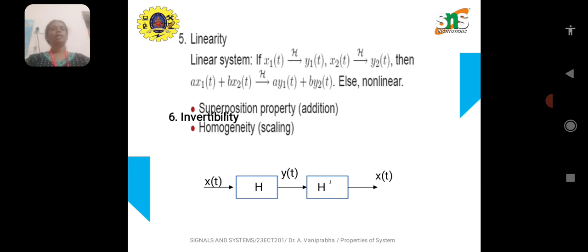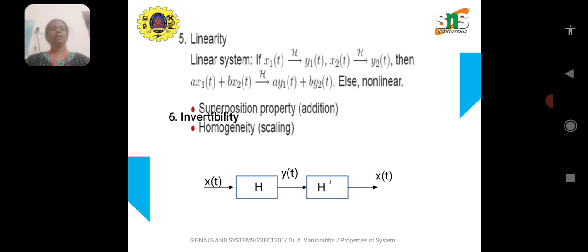Next is linearity. When can a system be called a linear system? This linearity principle has already been discussed in the properties of signals also. Whenever a system satisfies the property of homogeneity and the superposition principle, then that system is named a linear system.